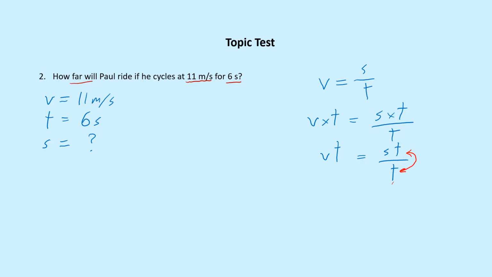And of course, anytime you have something divided by itself, that becomes 1. So now you can say Vt equals S. Swap that around, S equals Vt, and we've got 11 times 6, and that tells us that the distance he's traveled is 66 meters.